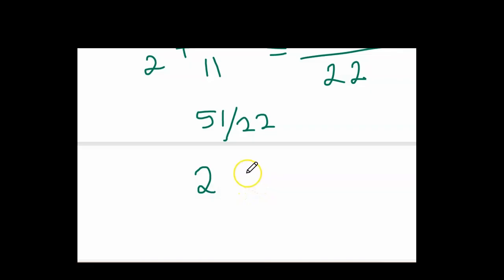And what will be the remainder? The remainder will simply be the difference, because we know that 22 times 2 will give us 44. So the difference will simply be 51 minus 44, which will produce 7. So you can have it as 2 whole number 7 over 22 as the final answer.